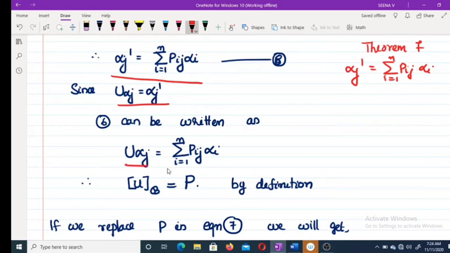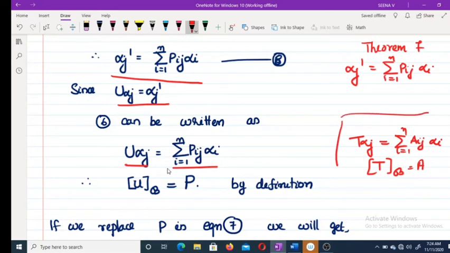Now our assumption is U alpha j equal to alpha j dash. Therefore, U alpha j equal to sigma i varies from 1 to n, Pij alpha i. We have defined T alpha j equal to sigma i varies from 1 to n, Aij alpha i, then matrix of T related to B is equal to A. This is the definition of matrix that we have discussed in our section 22.